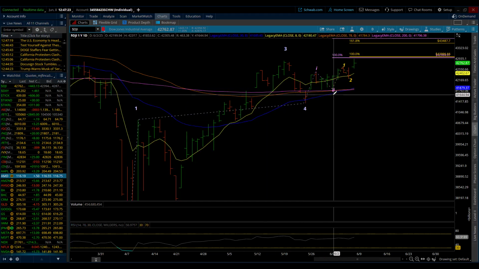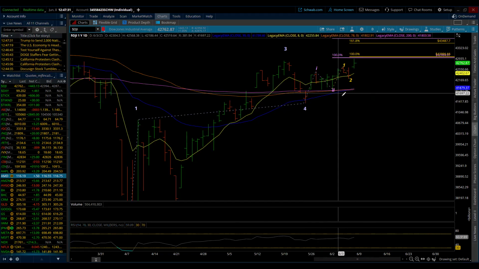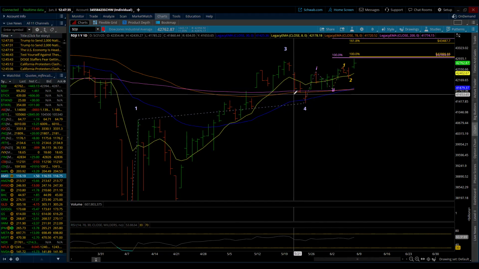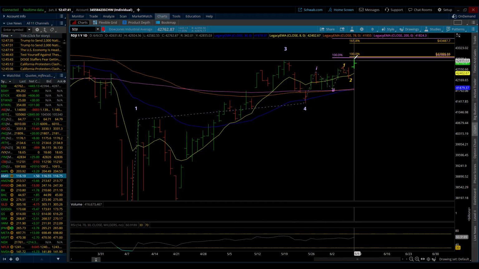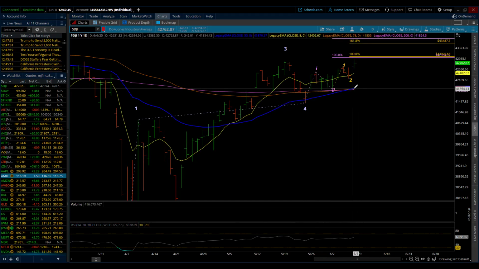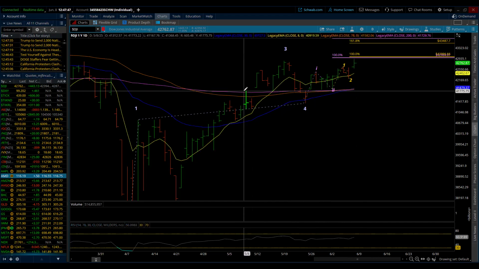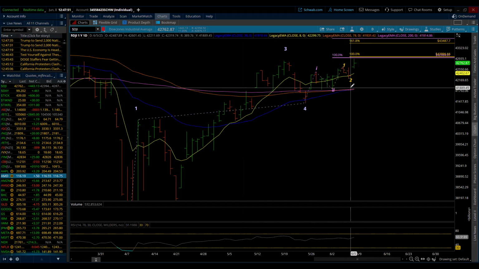We had the 30, the orange is the 78, the magenta is the 200, and they are still grouping together, but just now beginning to fall into place to be in alignment to go up. So if we have a continuation, that 30 and that 78 are going to break away from that 200. They're now just both barely above it.